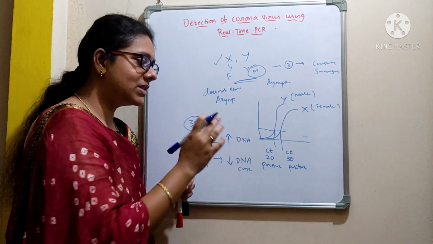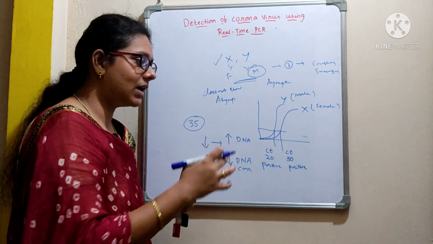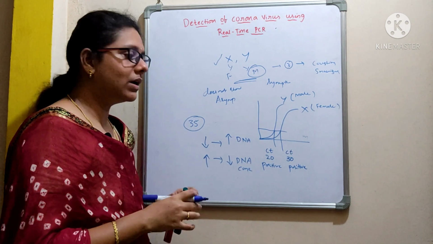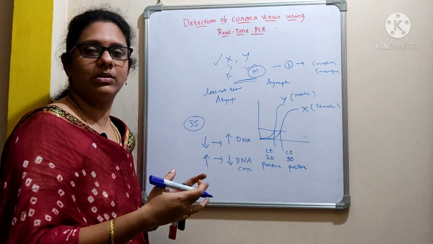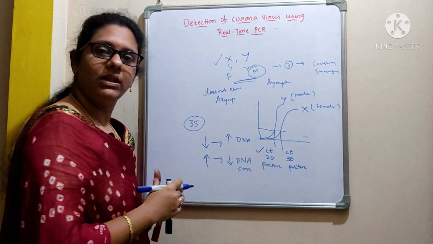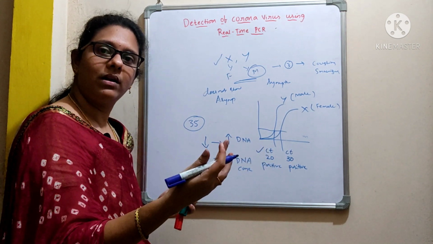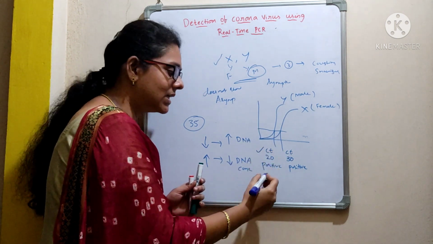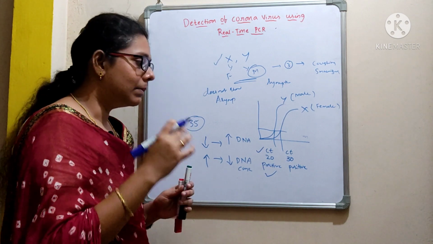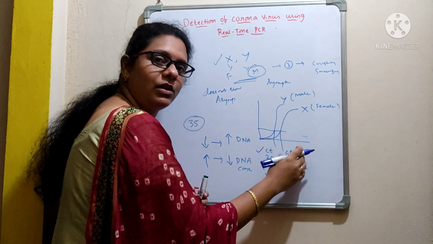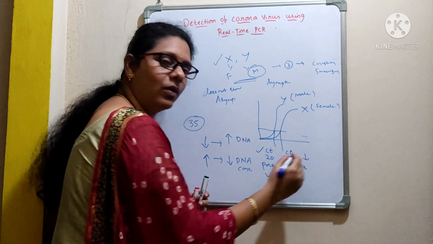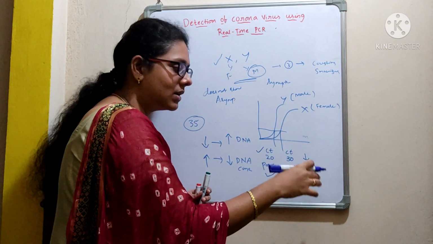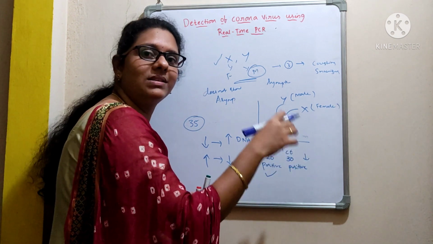But remember that based on this CT value, we can't say whether the person is in a safe zone or in a danger zone. Why? Because it depends on their immune response. If this person, even with the lower CT value and a higher viral load, has a good immune response without any health complications, he will recover soon from the infection. But a lady with a CT value of 30 and a lower viral load may be affected more by the virus if her immune response is weak.